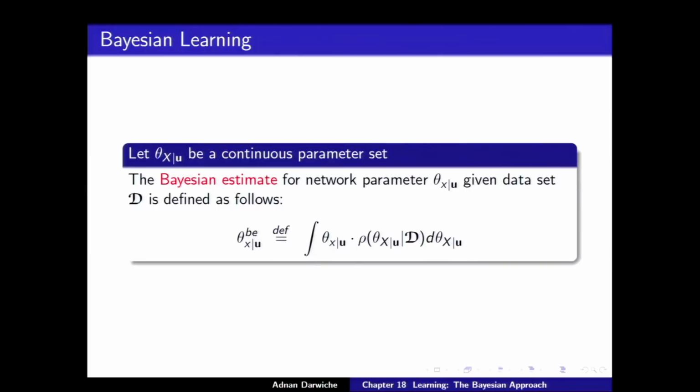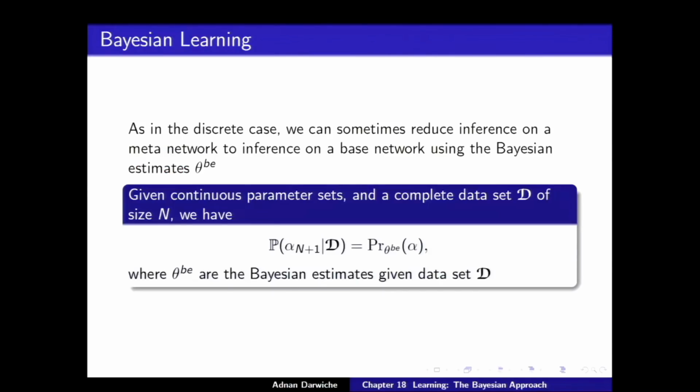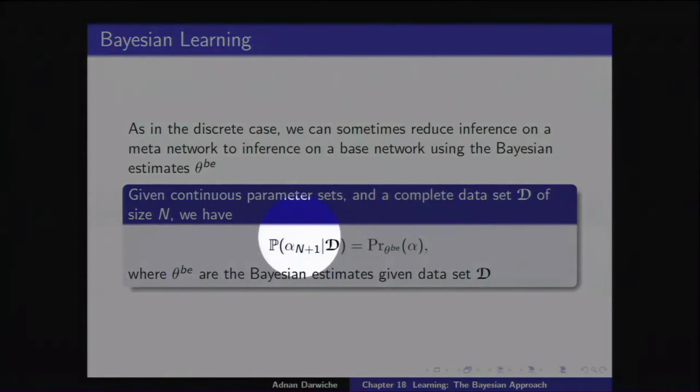And this is the main thing from last time, which still applies in this case. If I'm trying to compute this, where effectively I'm averaging over all possible parameter sets, I really don't have to do the averaging. If I manage to get the Bayesian estimates, I plug them into the Bayes network and just do the computation and get the same results.